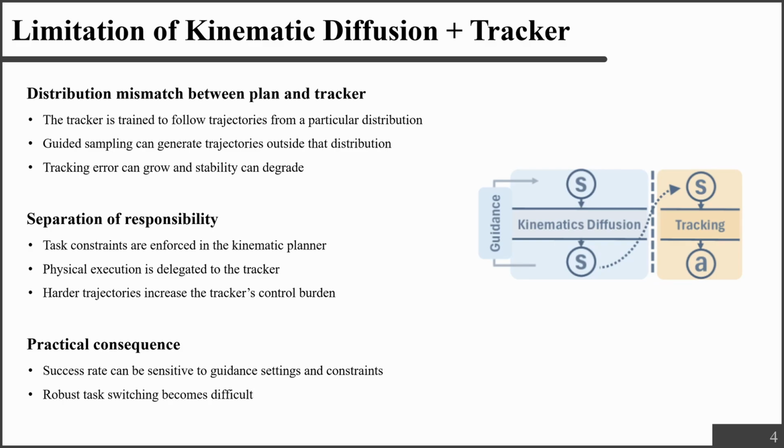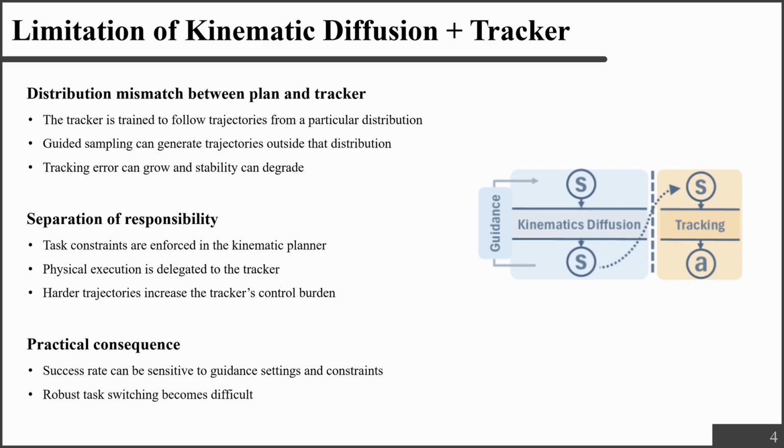It becomes a feasibility issue. The tracker may pursue actions that cannot keep the character stable while trying to reduce tracking error. The second issue is structural. Constraints are handled by the planner, while feasibility is handled by the tracker.